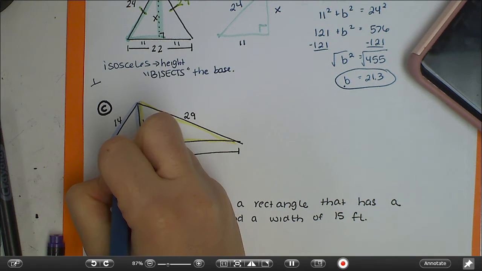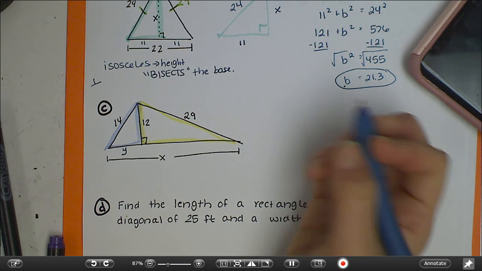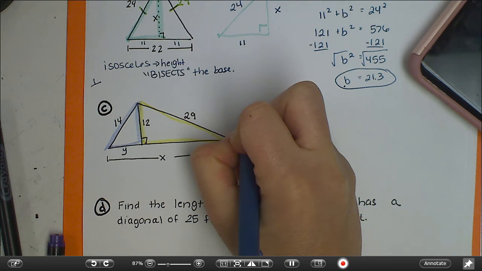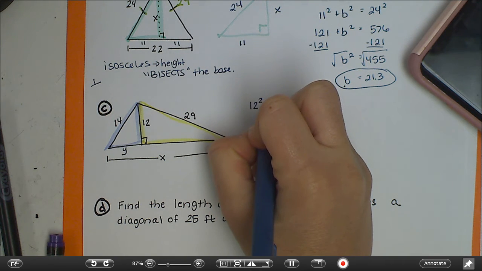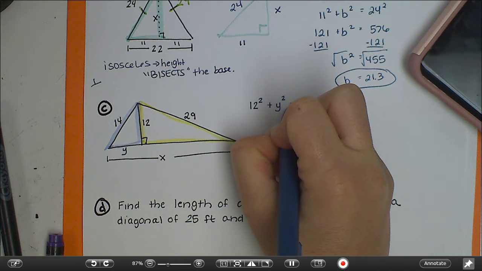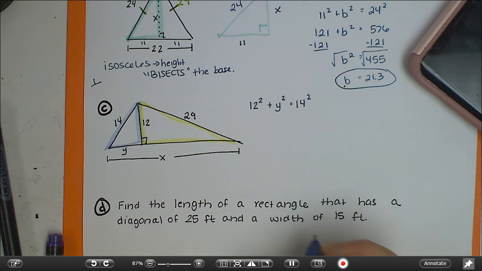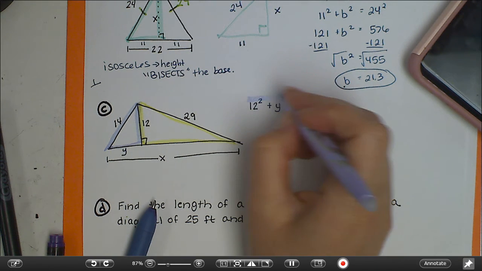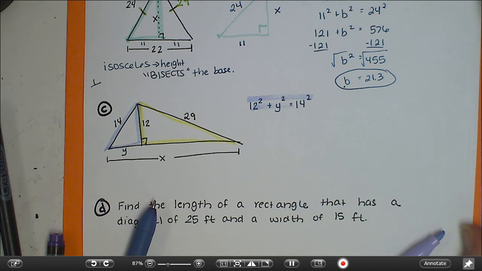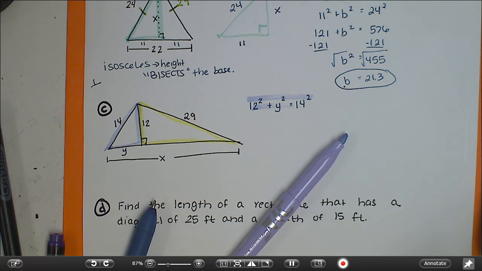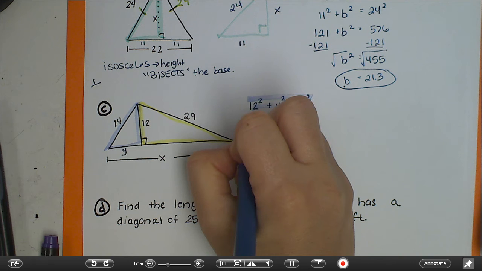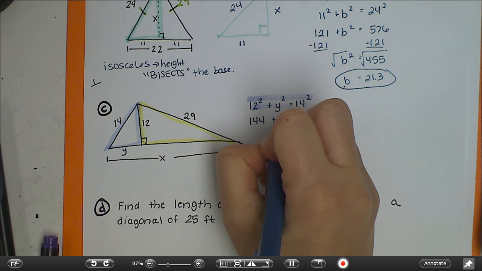I'm going to call this y for now. Okay, so we have the hypotenuse is 14. So we have 12 squared plus y squared equals 14 squared. 14 being the hypotenuse of our purple triangle. Okay, 12 squared is 144.